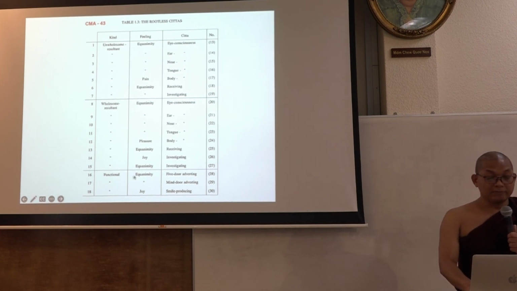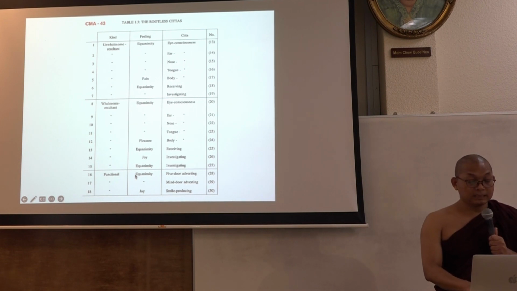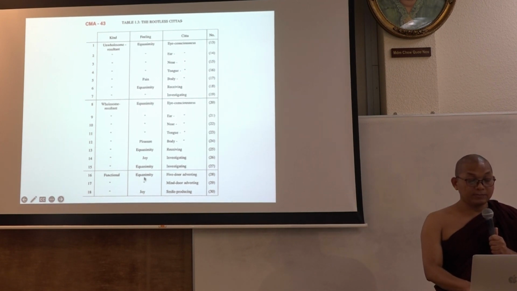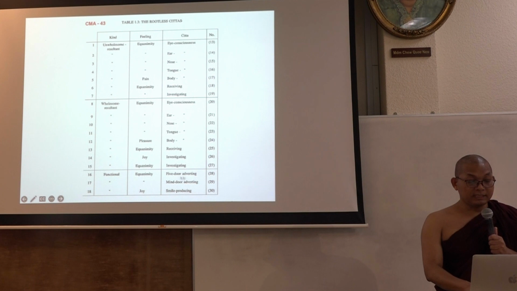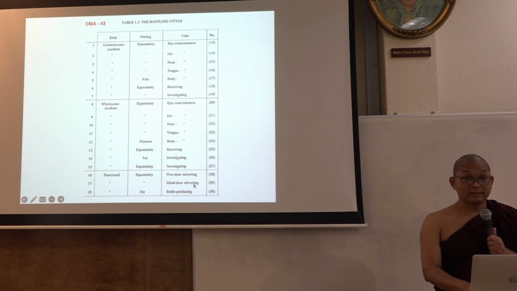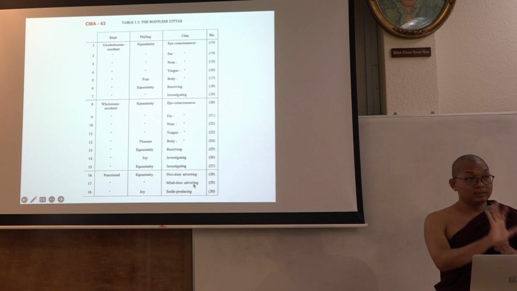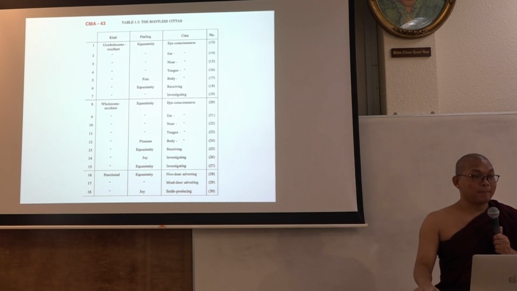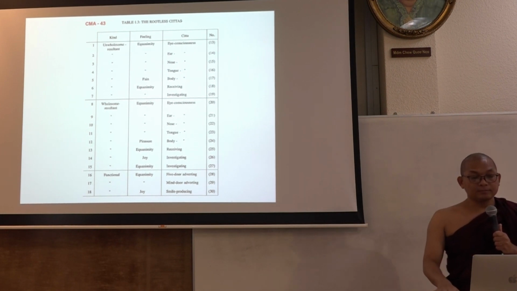So 3 types of functional consciousness: 2 accompanied by equanimity, 1 joy, smile-producing. 2 equanimity, here 5-door adverting, mind-door adverting. Altogether 18. So when you look at this, very easy, very easy.